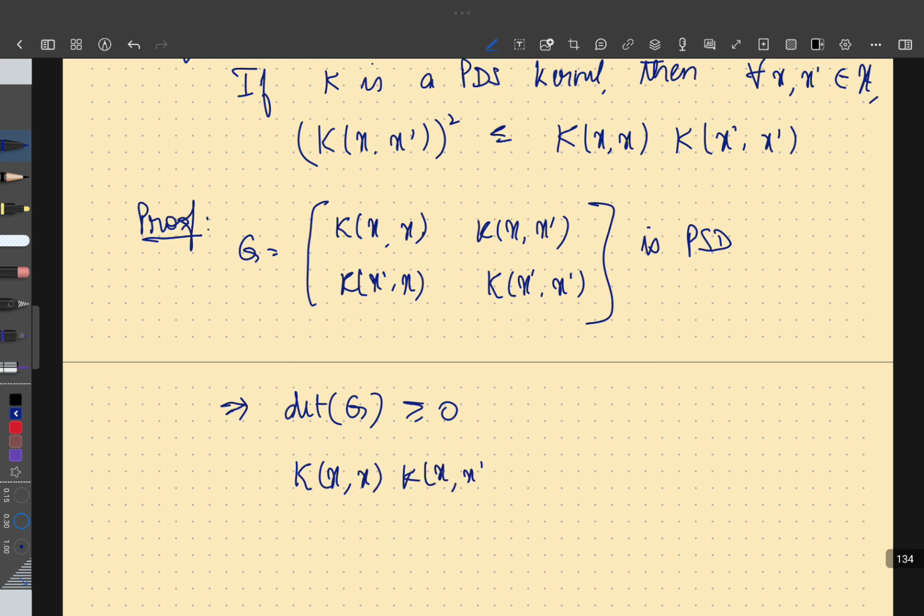It is k(x, x) k(x prime, x prime) minus k(x, x prime) the whole square, which is greater than or equal to 0, which is exactly what we wanted.